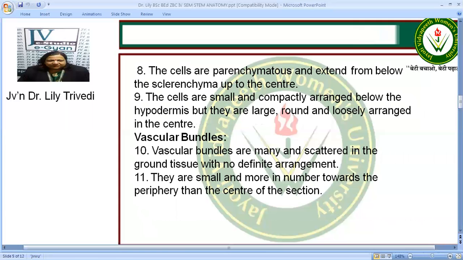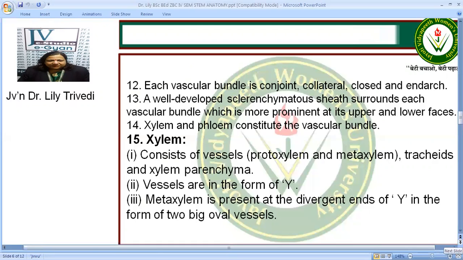Now vascular bundles are many, scattered in the ground tissue. There is no definite arrangement, but they are small and more in number in the periphery as compared to the center. It is noteworthy that each vascular bundle is conjoint, collateral, closed and endarch. We are already familiar with these terms.